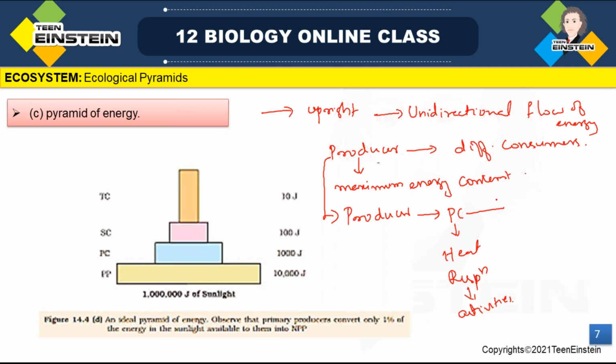So here also we can see only 10% of the energy of the previous trophic level is received by the next trophic level. Only 10% of energy is moving to the next trophic level. So the organisms in the next trophic level will receive only 10% of the previous trophic level's energy.